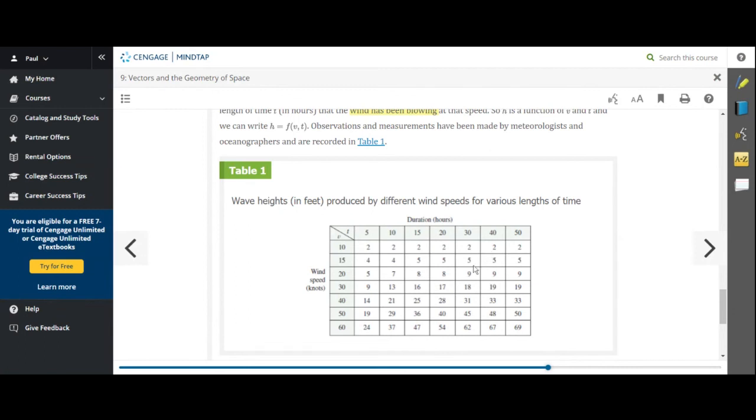What seems to be happening to the wave heights as time increases from 5 to 50 hours for the wind, and as velocity increases from 10 knots to 60 knots?